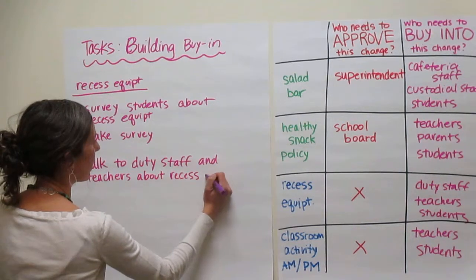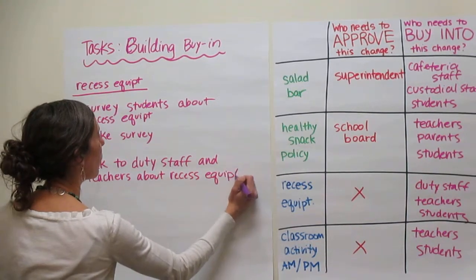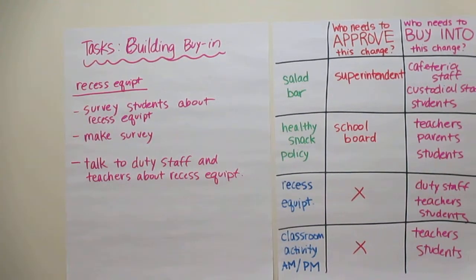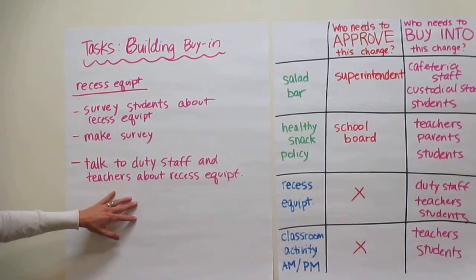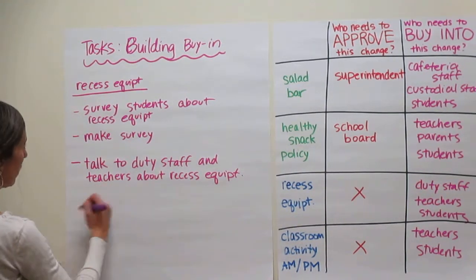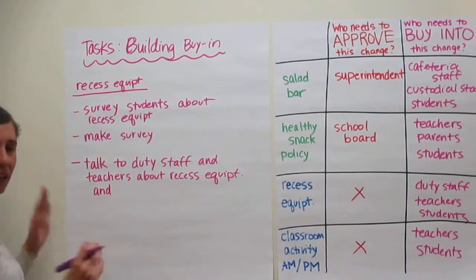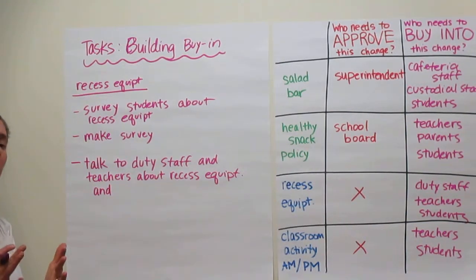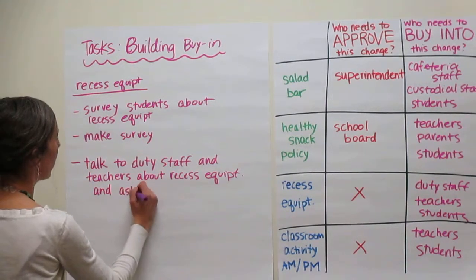That's a really good idea. Just informing them about what you want to do is going to be really great. So maybe talk to the duty staff and teachers, and then maybe ask for feedback. Let's just keep that as one thing. Does that seem doable, to talk to them about it and then ask for their feedback? Great, I think so too.